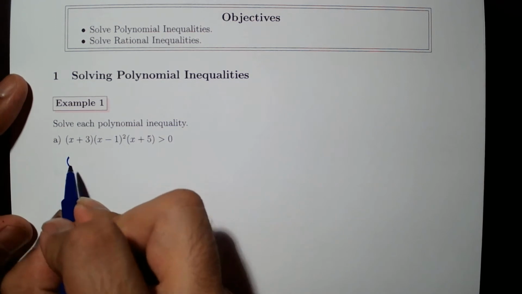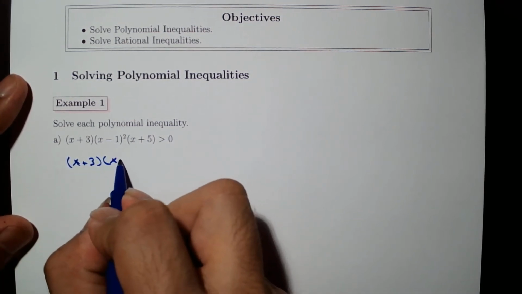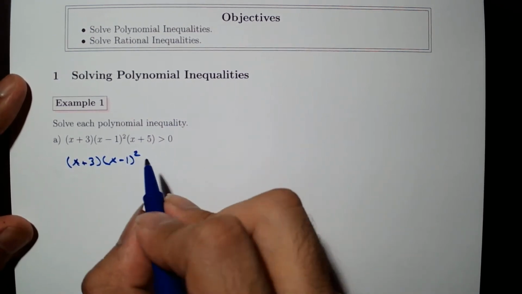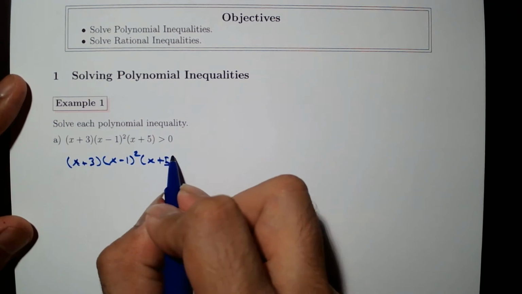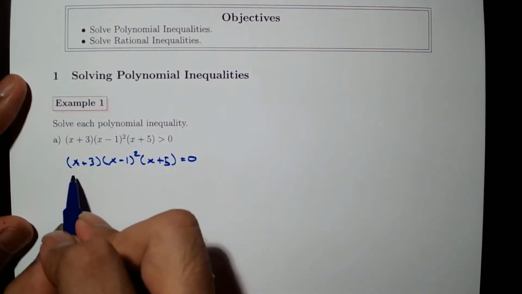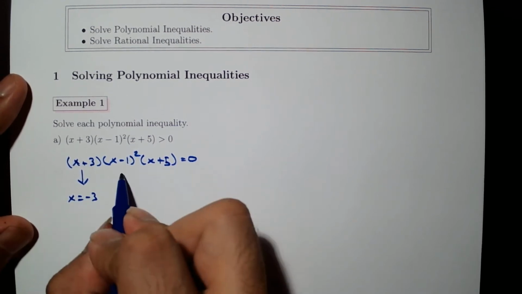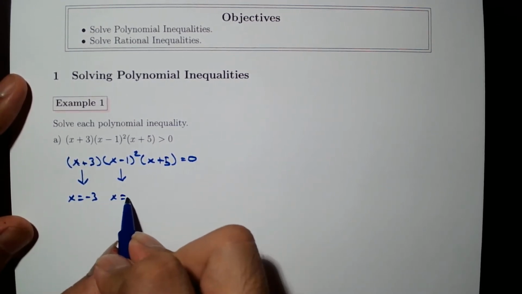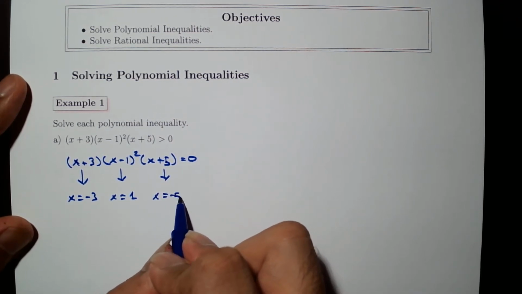Change the inequality sign to an equal sign, that is, turn the inequality into an equation, and we do that in order to find the zeros: x equals negative 3, x equals 1, and x equals negative 5.